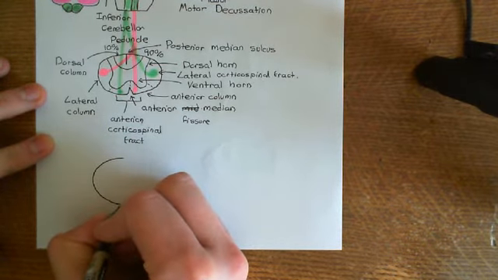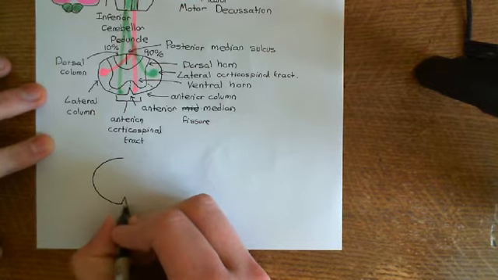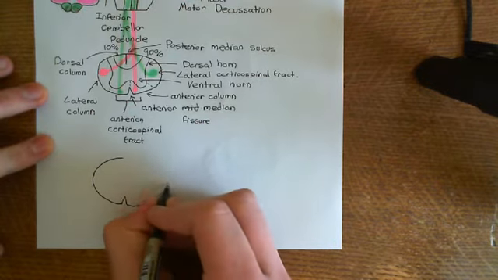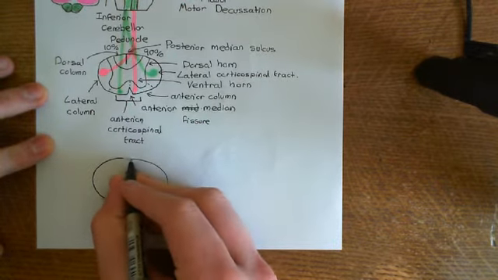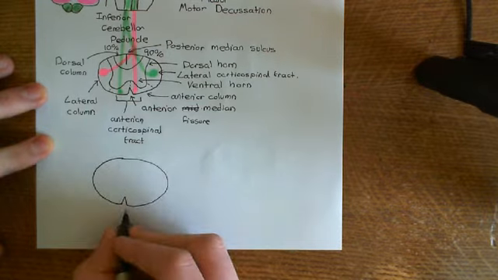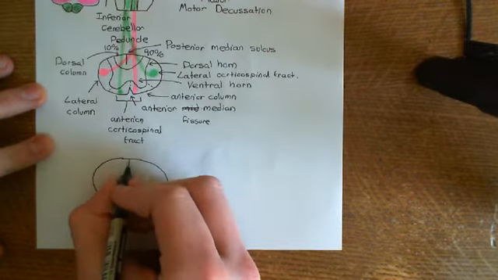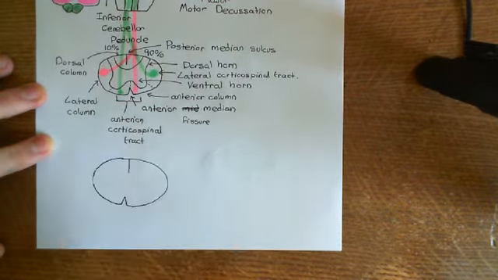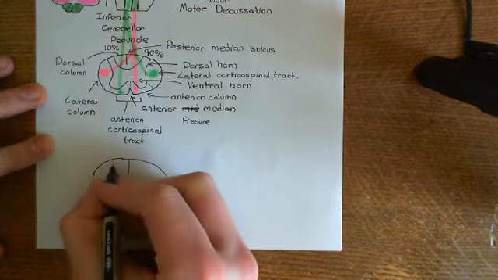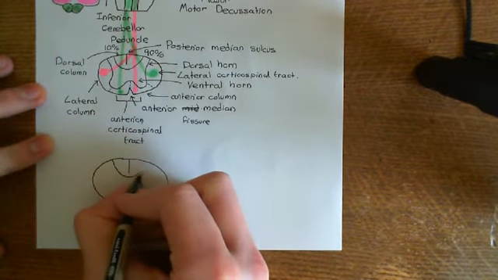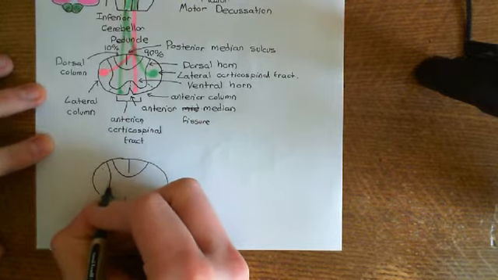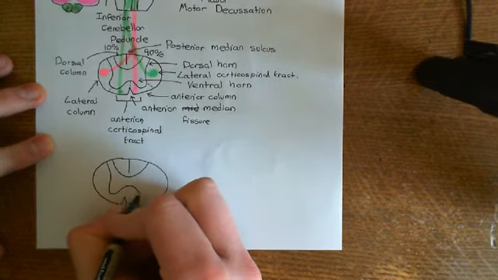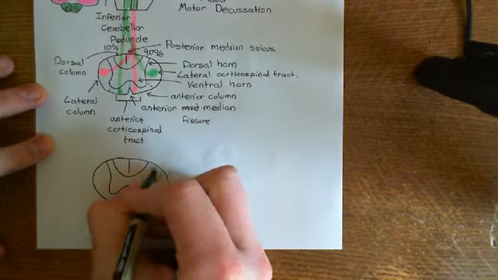Once again, here we have the oval-shaped spinal cord. We're taking a transverse section, and we have the anterior median fissure at the front, the posterior median sulcus at the back, and the grey matter is still going to be in this butterfly shape, like so, with the ventral horn and the dorsal horn.